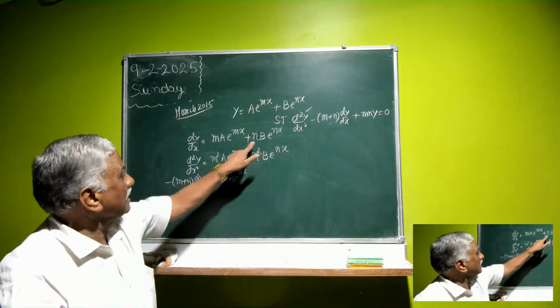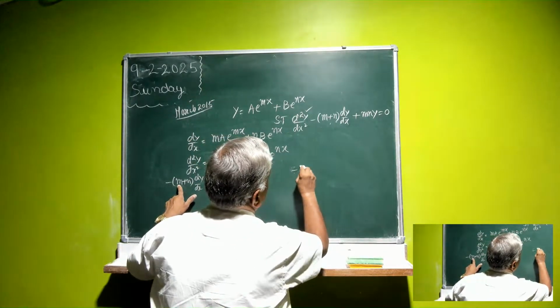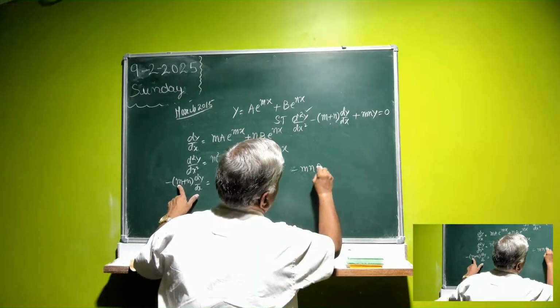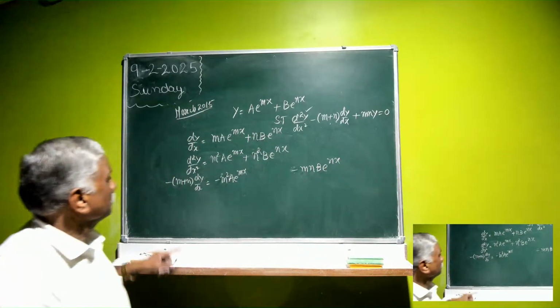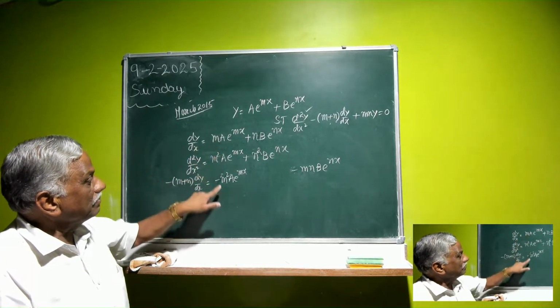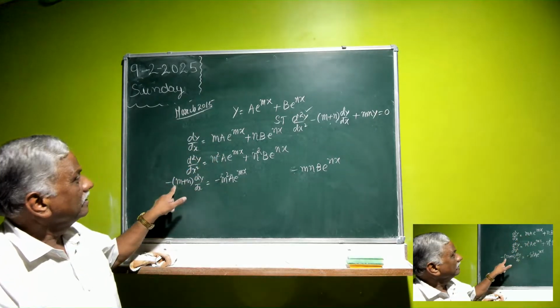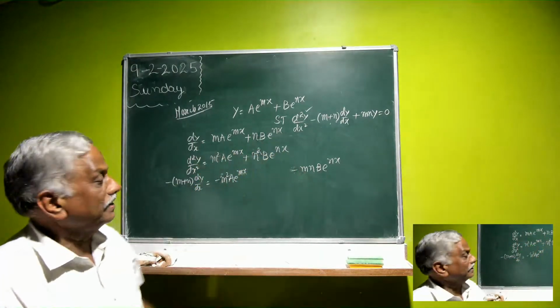When I multiply this, I get mn, the term is not there, so I write it separately: minus mn b e to the power of nx. Repeat, I am multiplying dy by dx by m. So m into m a, I write here, and I multiply the second term, I write it separately because the term is not here.